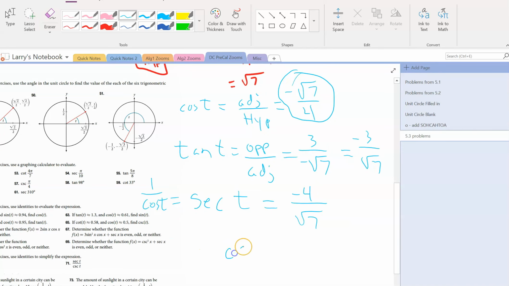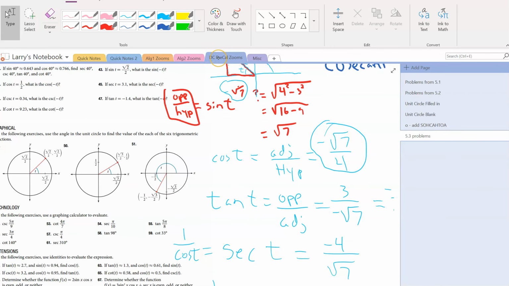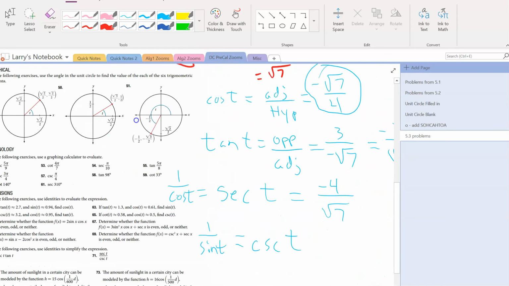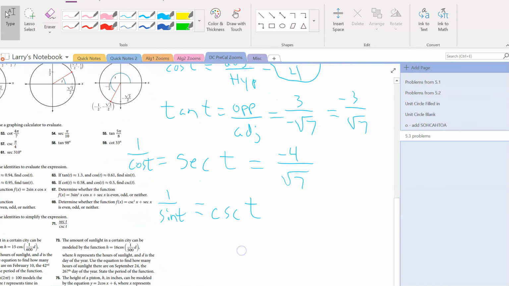Cosecant is the reciprocal of sine. So we're simply going to flip over our initial fraction. Our initial one was 3 over 4. So cosecant is going to be 4 over 3.